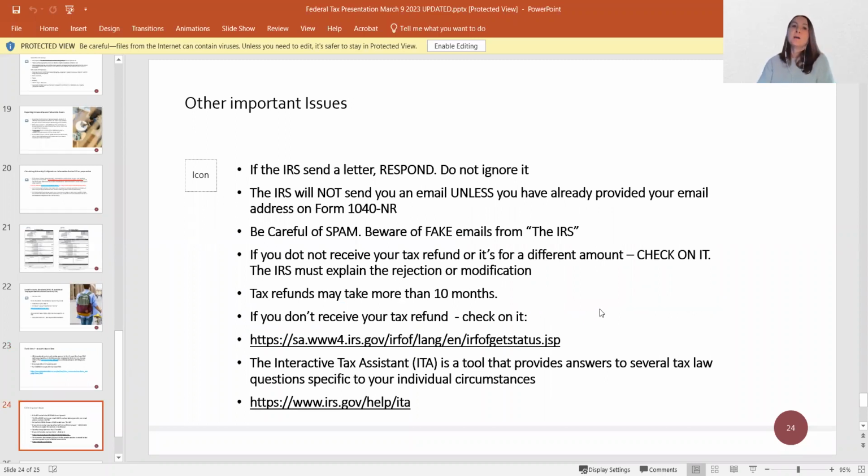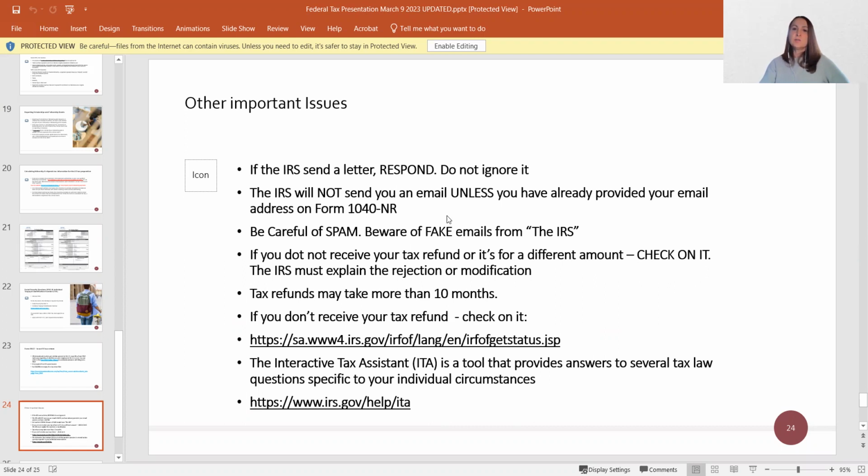Okay, let's talk about the IRS. If the IRS wants to contact you, it always sends letters. Please do not ignore letters from the IRS. They'll have a deadline. Usually you have 30 days to respond. Open the mail, read the letter, and act on it.